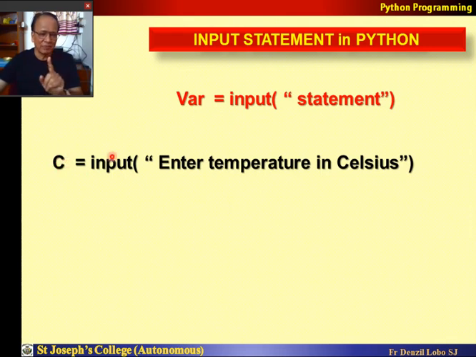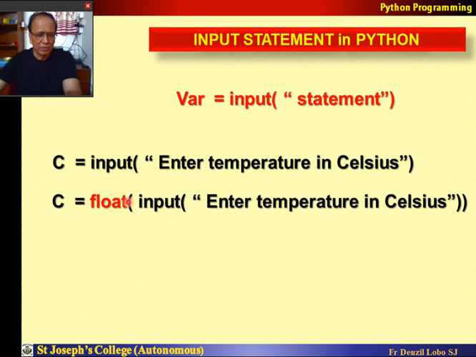Now note one thing. Whatever you type on the keyboard is going to be only text. So when you enter 100, it is just text that has to be converted into a number. To do that, I use float here, as I said earlier. So it returns 100, but 100 is a string.